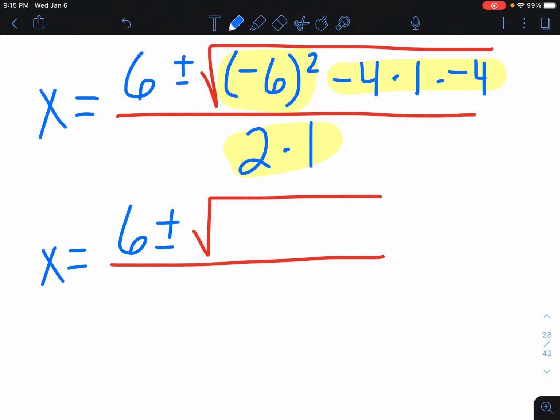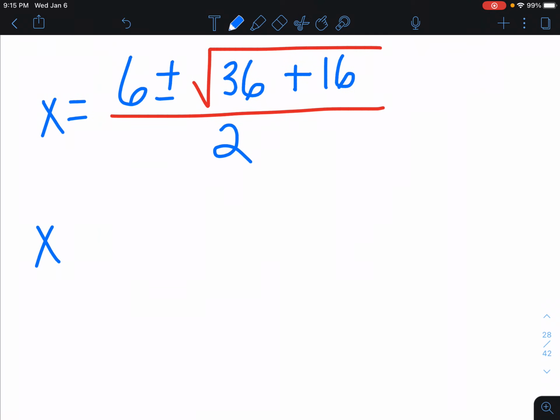So negative 6 squared is 36. Again, b squared, always positive. Negative 4 times 1 times negative 4 would be 16. Again, you could use the calculator for that. So put plus 16. Denominator, 2 times 1 gets the 2.